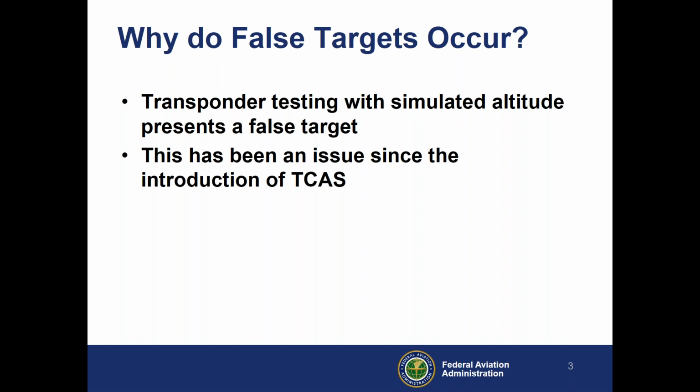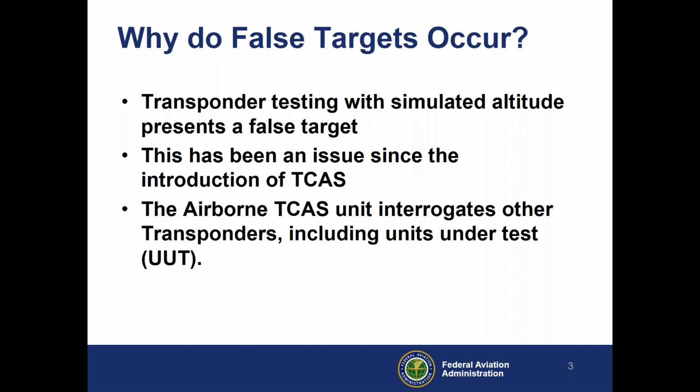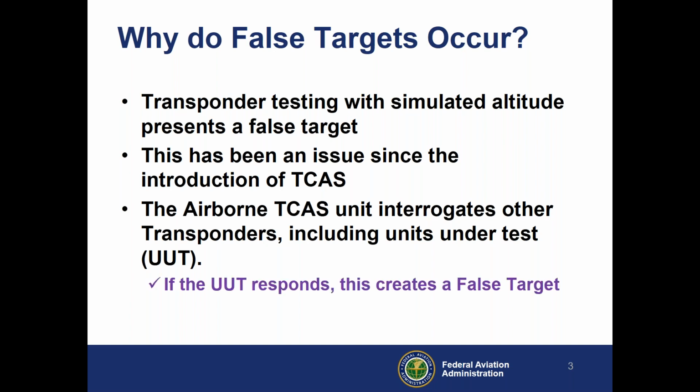It's been an issue since the introduction of TCAS, and the reason is the airborne TCAS unit is interrogating other transponders. This includes units that are under test. And if the unit under test responds to that interrogation, it creates a false target.